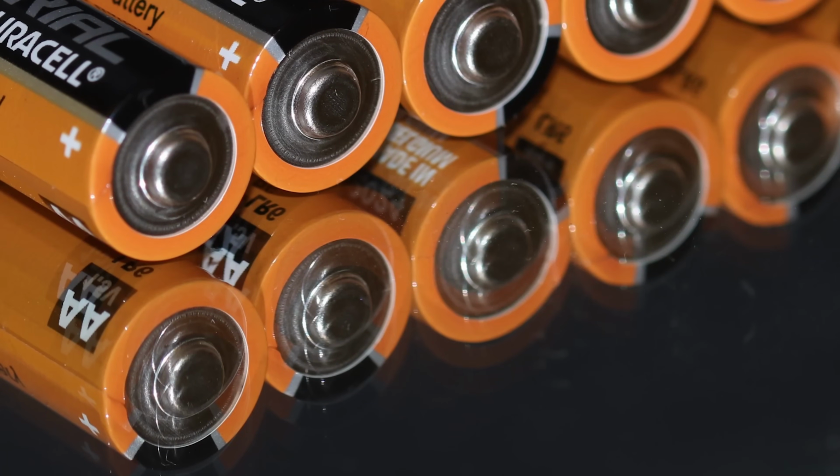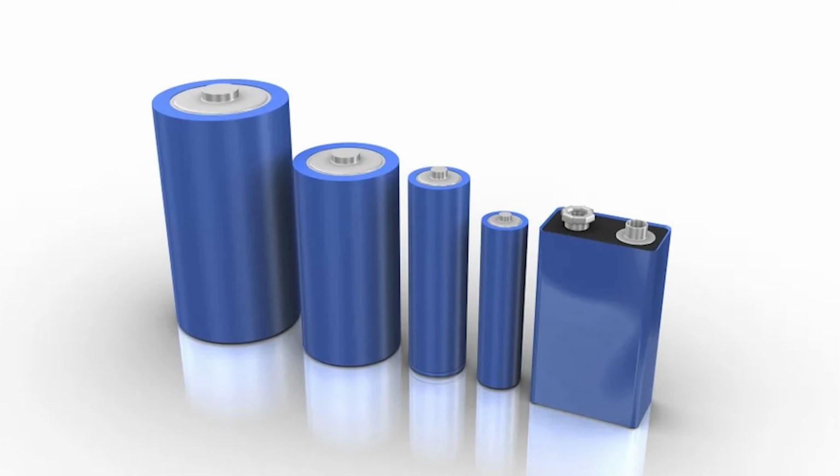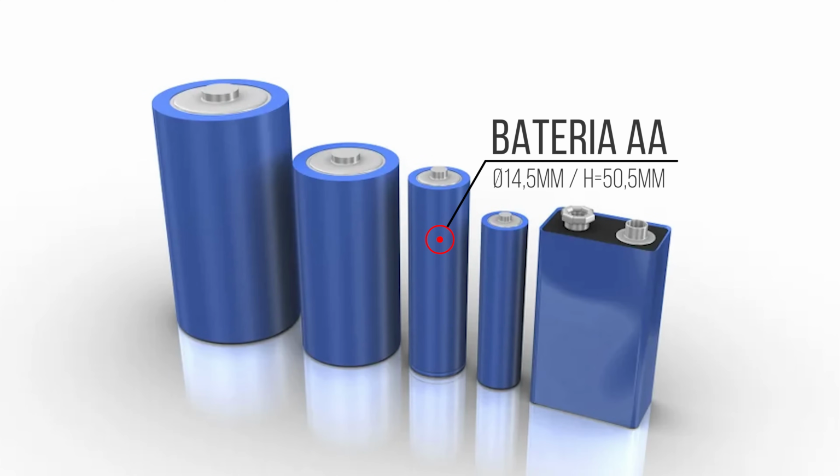Well, they chose to use letters to represent different sizes, and the letter A was chosen as the base unit of the system. The AA battery is considered the standard medium-sized battery, and it has very specific dimensions, approximately 14.5 millimeters in diameter and 50.5 millimeters in height.